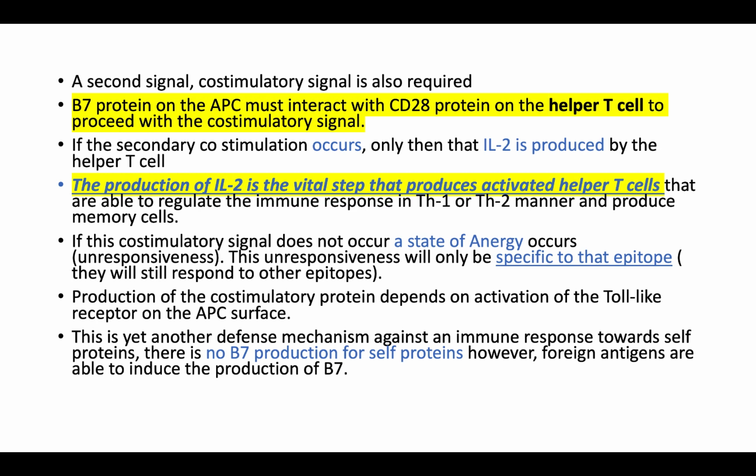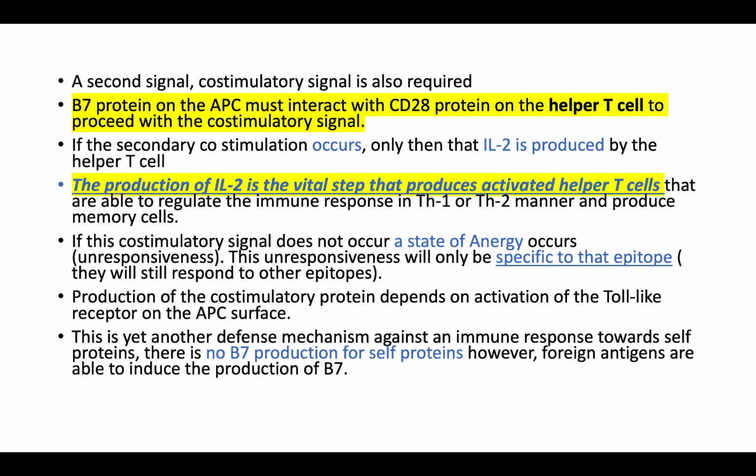So if the co-stimulatory signal does not occur, I will not become active. This is a state of anergy, and then it will be unresponsive. I will not ever mount a response against this epitope. I will have to use help to reactivate this by producing the co-stimulatory signal.